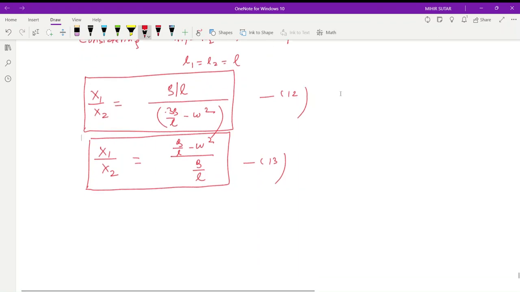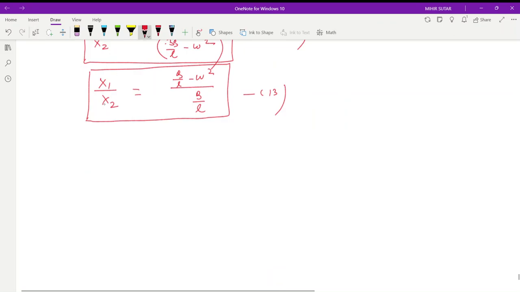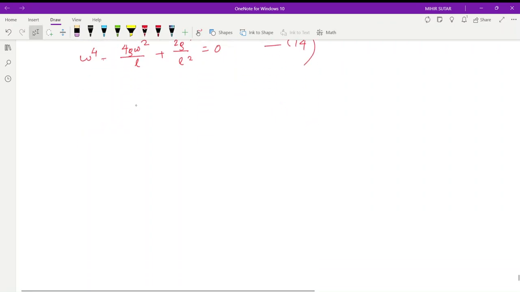So if you equate both the equations, you will get omega to the power 4 minus 4g omega square by L plus 2g square by L square is equal to 0. So this will give two values of natural frequency.